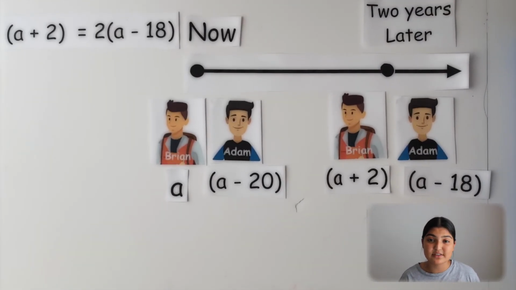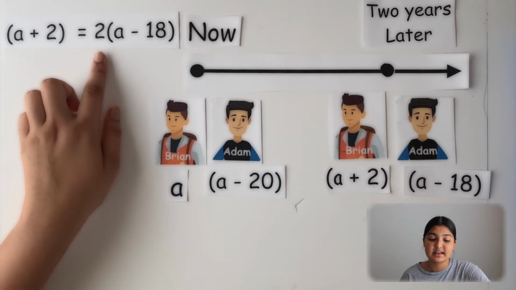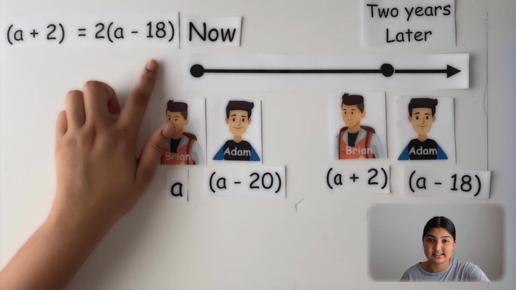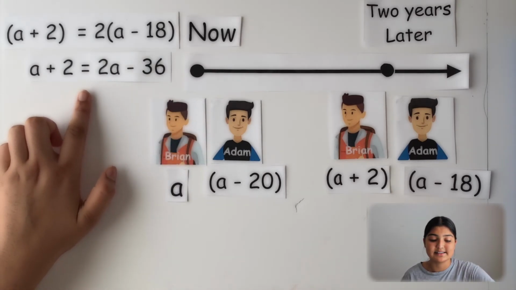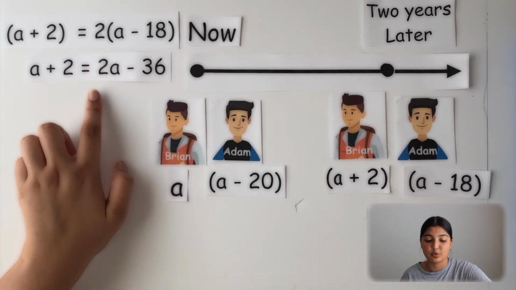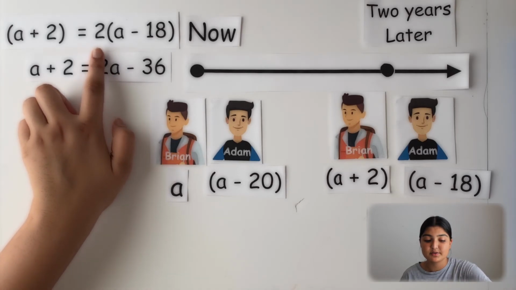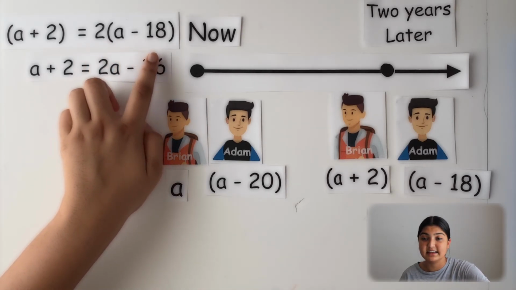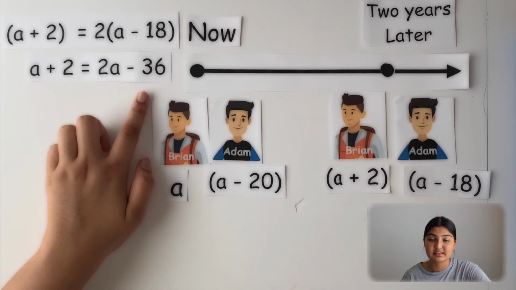Now, to solve this equation, let's distribute 2 inside the parentheses. A plus 2 is equal to 2 times A, which is 2A, and 2 times negative 18, which is negative 36.